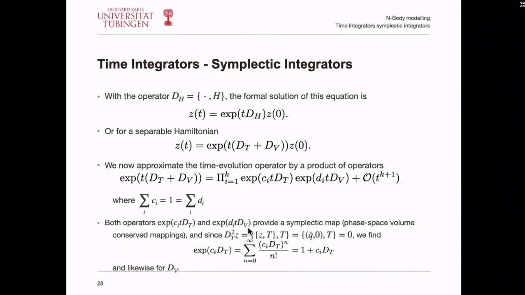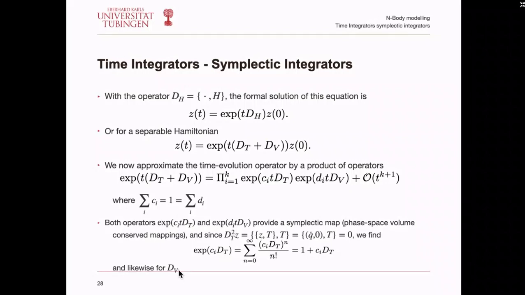And since these commute, that is, the subsequent action of the operator on itself is 0, we find that this operator is simply given, if we write it as a series, by 1 plus c_i acting on D_T. Okay, with these findings, these terms break down and we just get these coefficients for each of these exponential terms, each c_i. Likewise for the operator coming from the potential energy.